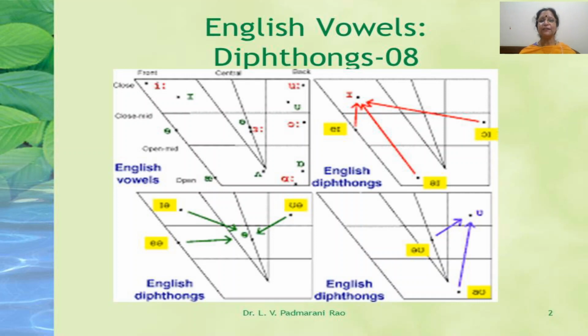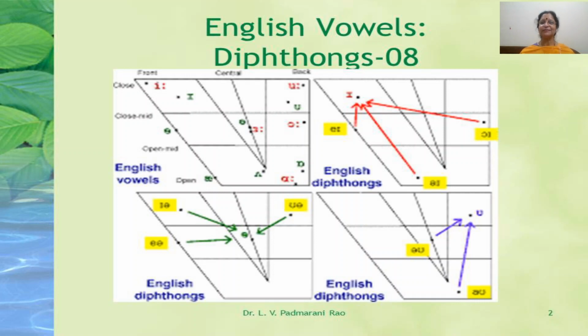If the first five are called rising diphthongs because the glide is rising, these are called falling diphthongs. If the other five are either ending with E, which is a centralized front, or U, which is a centralized back, these three are ending with A, which is a central diphthong.